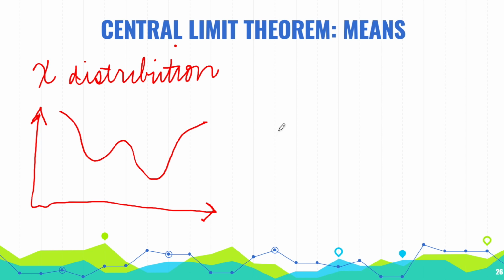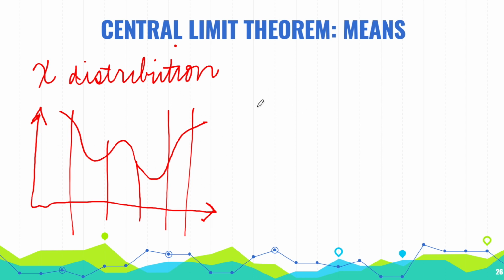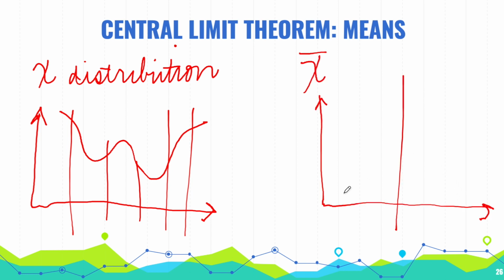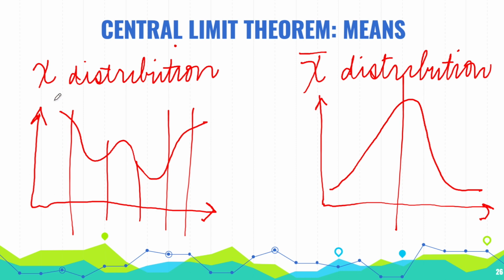If we take samples of larger and larger sizes from this distribution, and then we take the average of each sample, and plot it on its own histogram, and we do that again and again and again, we would see over time a normal distribution emerge. And again, no matter what the original distribution shape, the sampling distribution of the means, the capital X bar distribution, will approach a normal curve.